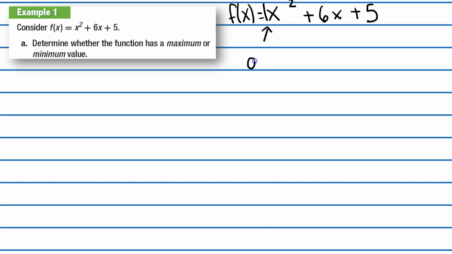And in this case, a is equal to 1. Our b is going to be our second term, in this case 6. And our c will be our constant always, which is 5. Alright, so in order to determine if we have a maximum or a minimum value, we can see first of all that a is equal to 1, and that means it is a positive number.